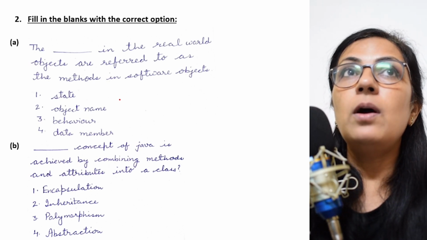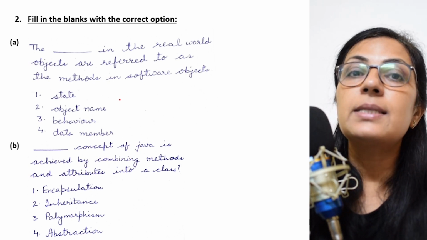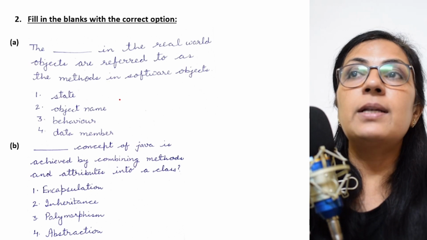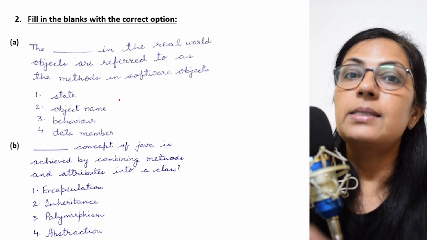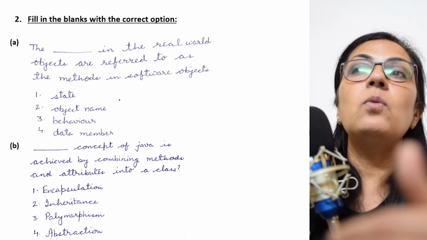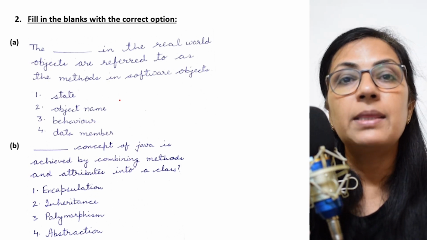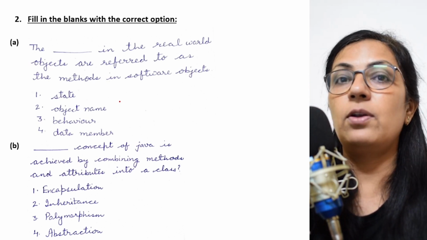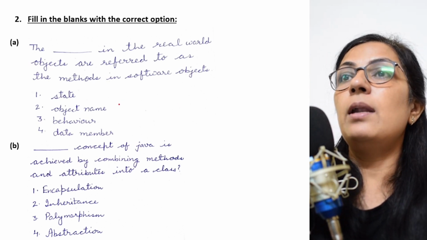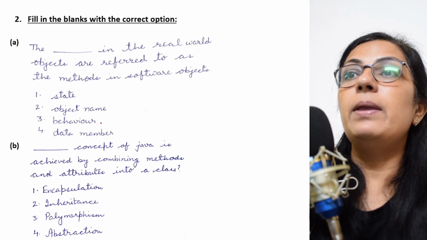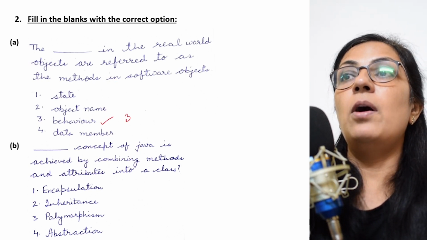And what we call characteristics or states in real world object, that is known as data members, and what we call as behavior is known as method or function in software object, right? So here the correct answer will be behavior, option 3.